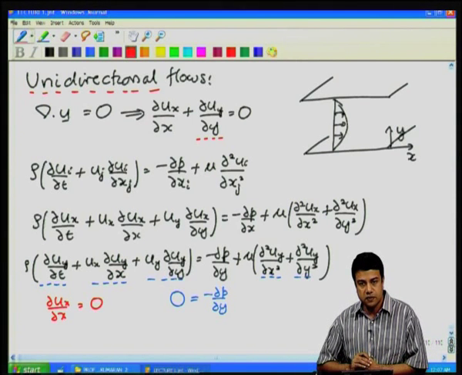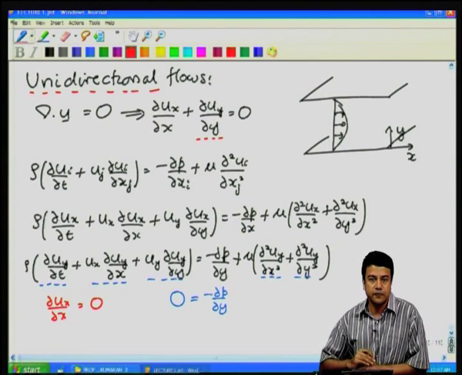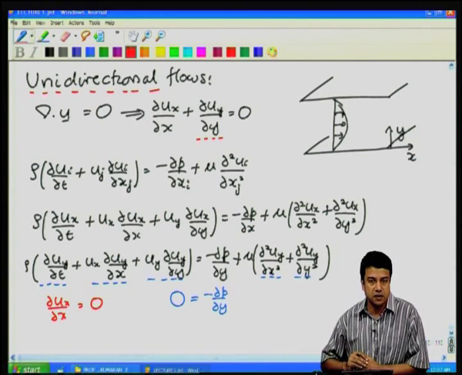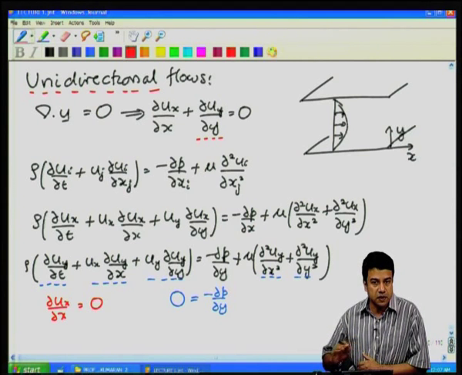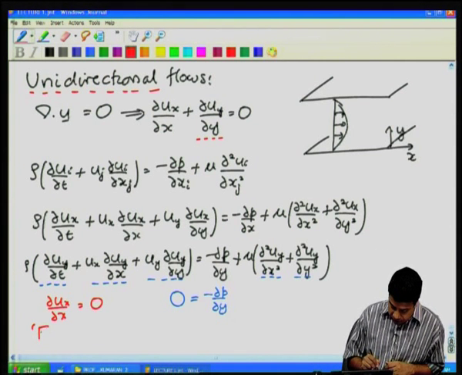That means that for this unidirectional flow, just from the mass conservation condition alone, you cannot have a variation of the x velocity along the x direction. The x velocity is independent of the downstream direction, whereas partial u x by partial x is equal to 0. This is what is called a fully developed flow.